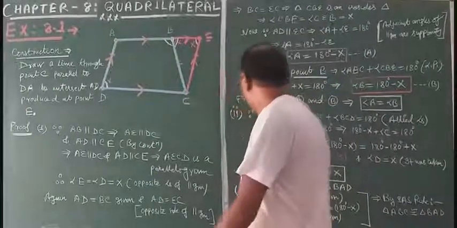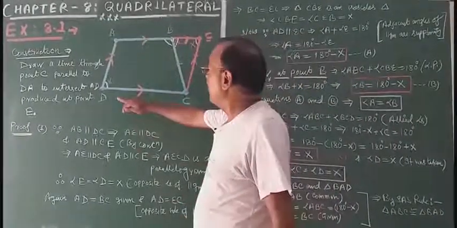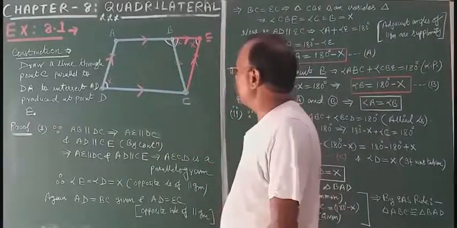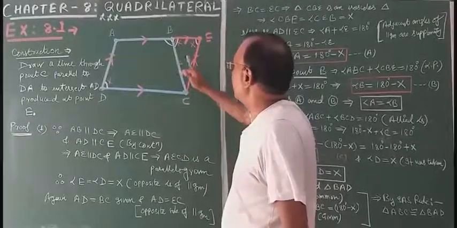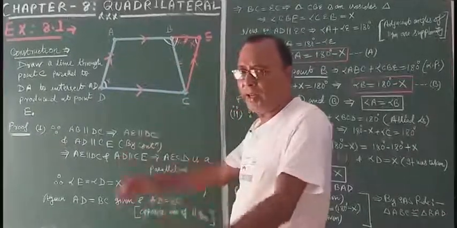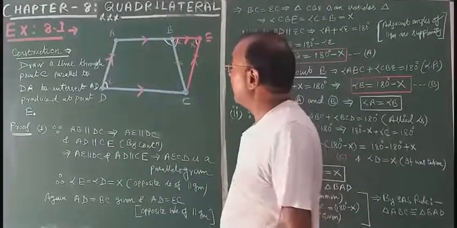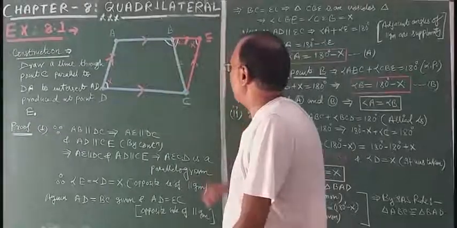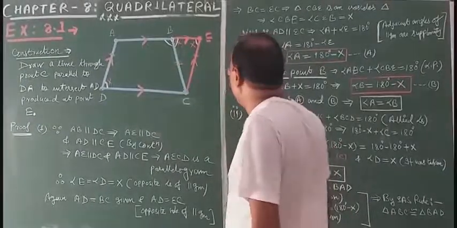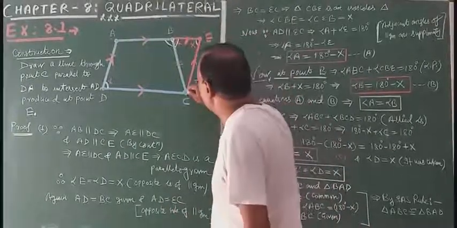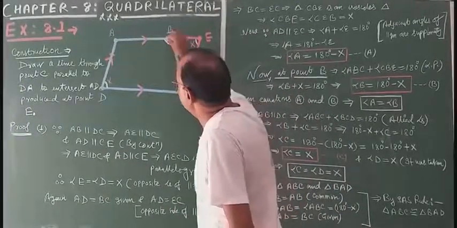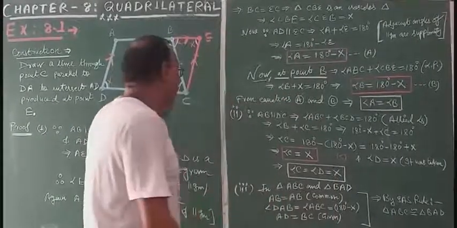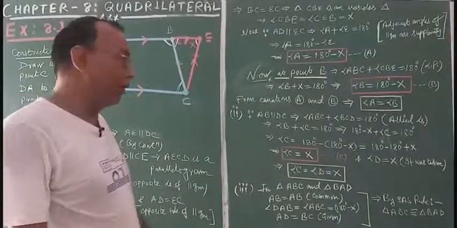So just look here. Since AB is parallel to DC, angle ABC and BCD have a sum of 180 degrees, because AB is parallel to DC and they are allied angles, co-interior angles.